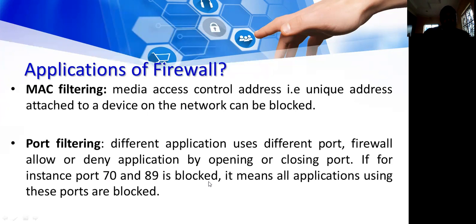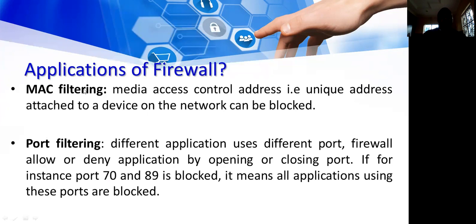So if you want to communicate, we know the device that is using this particular MAC address on the network. As a physical address, you can configure a firewall to identify a particular physical address and then block it. That is what we mean by MAC filtering.